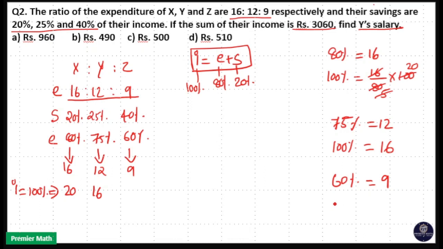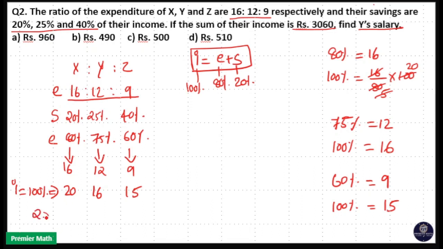So 100% will be 5 into 3, 15. That means 15 parts is Z salary. Either you can do this way, or you can do this way. This is easy. So here, 20, 16 and 15 are the salaries of X, Y and Z.